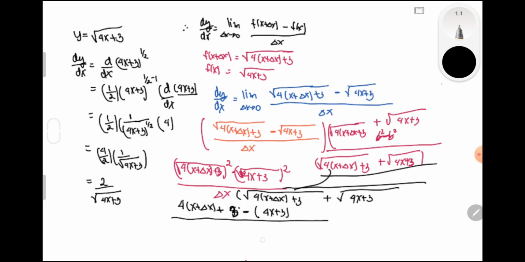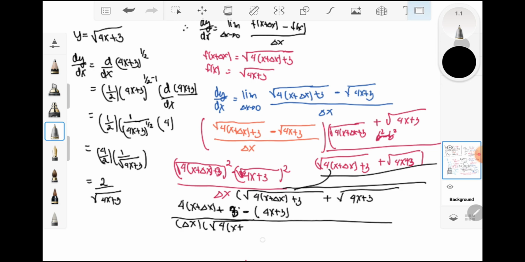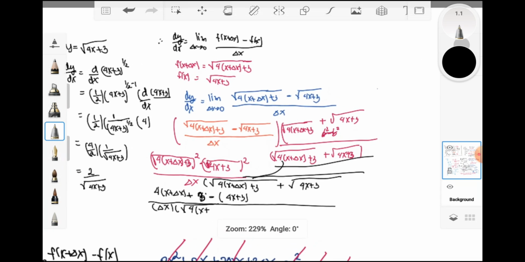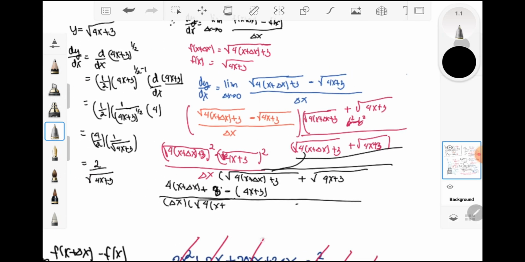So divided by our delta x multiplied by the square root of 4 multiplied by (x plus delta x) plus 3 plus the square root of 4x plus 3.